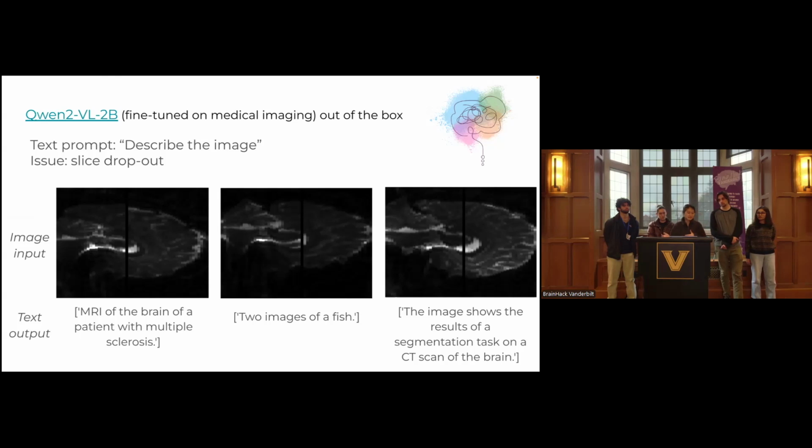And then it gives a text output in response to the text prompt based off of the image that you give it. So here you can see that for this image in the middle, it just failed to recognize that this is a brain. And then for the first one and the third one, it was saying that this is a brain, but either giving it a wrong label or wrong diagnosis or the wrong imaging modality. So improvement is definitely needed.